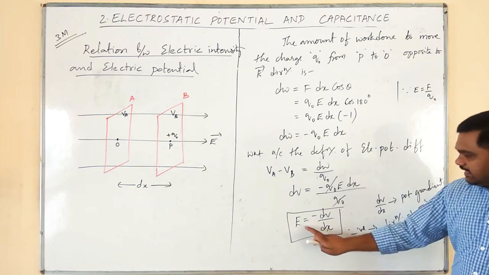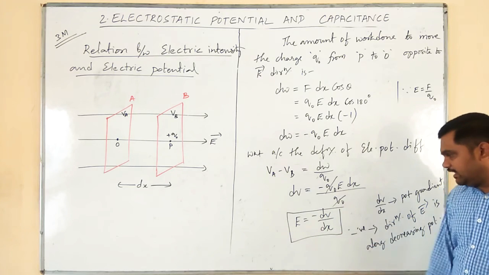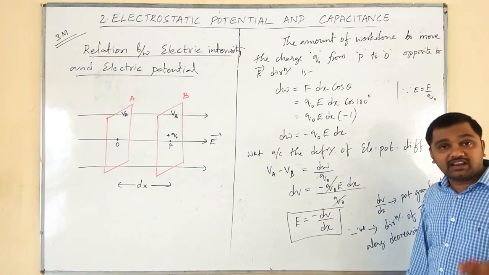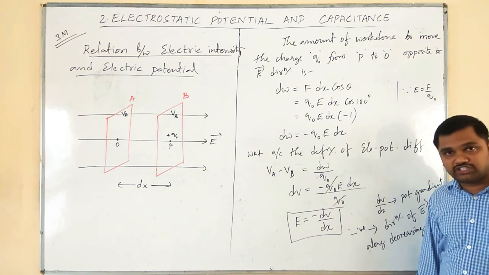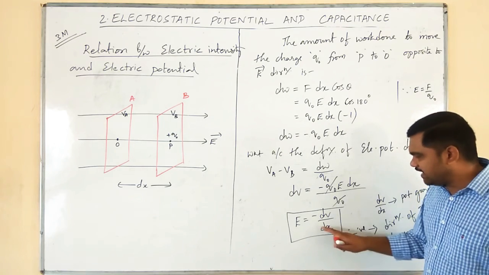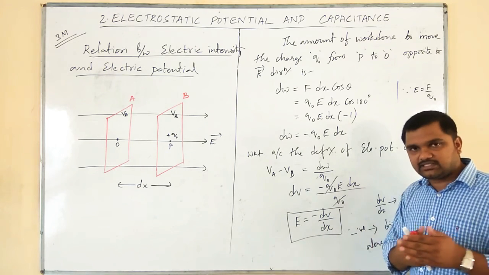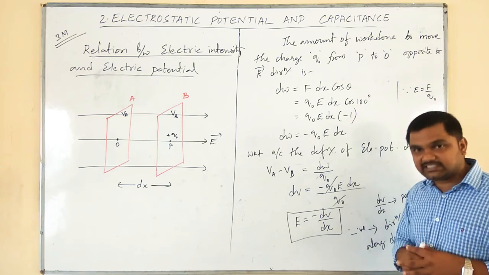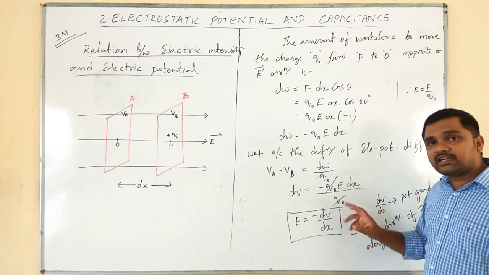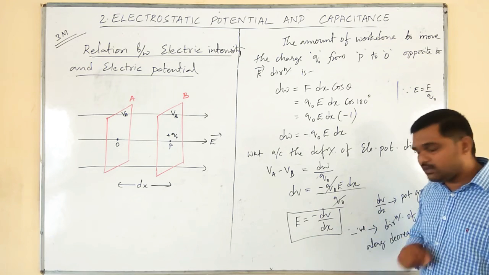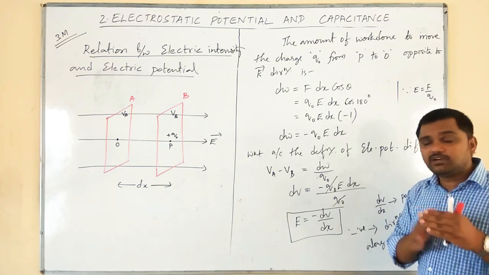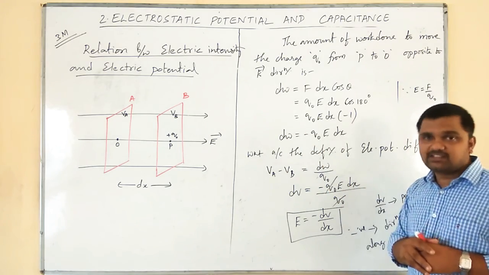So like this, E is equal to minus dV by dx. The quantity dV by dx is called potential gradient. What is potential gradient? Potential gradient means the rate of change of electric potential with respect to the distance measured normal to the equipotential surfaces.